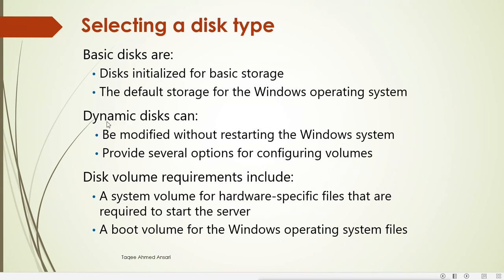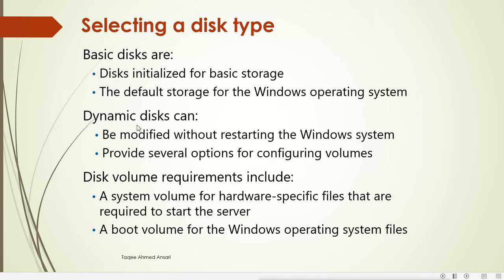Now we have dynamic disk also. A dynamic disk can be modified without restarting the Windows system. By default it is basic, so we can convert it to dynamic without restarting our system. It can easily be converted, but it cannot go in reverse.